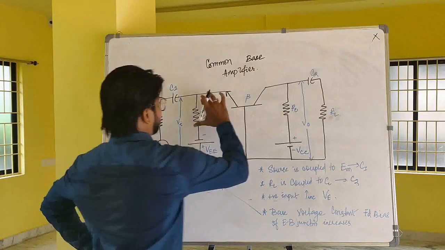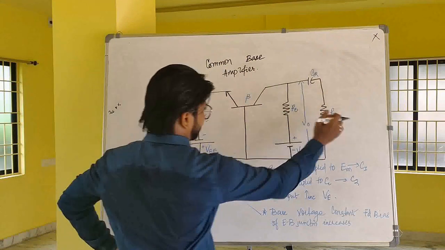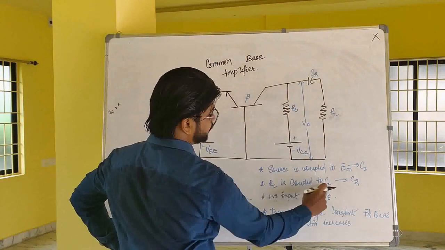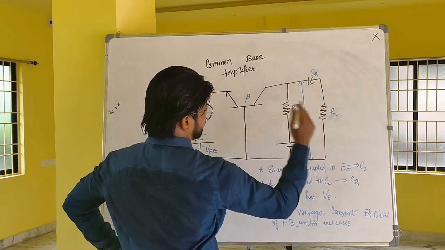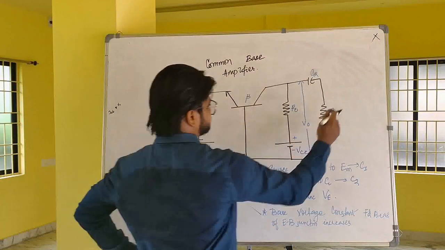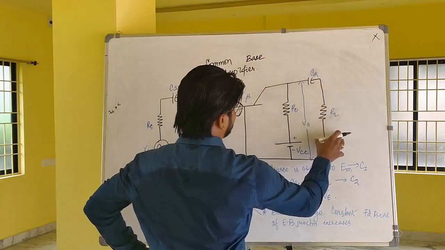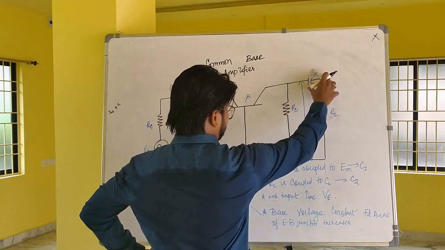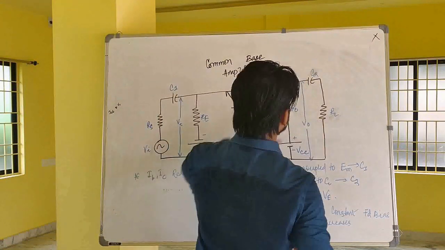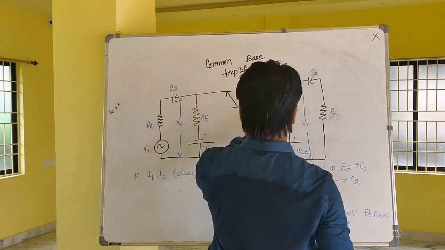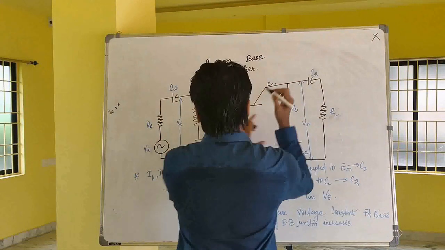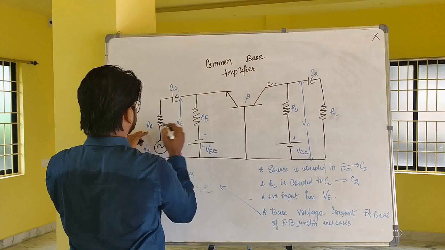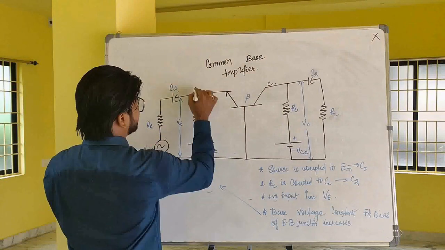On the right hand side you could see the load resistance RL is coupled with the capacitor C2 through the collector point, and the capacitor C1 is coupled with the source through the emitter point.